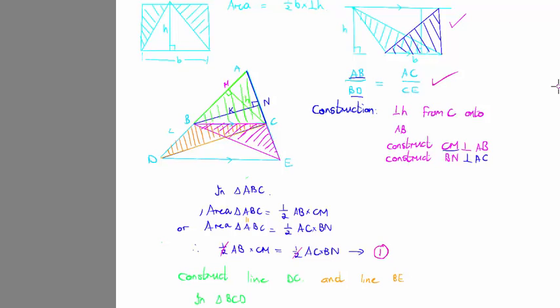So let me just quickly think how it works. If you want to prove that lines are parallel, you obviously want to use the converse of your alternate angles and things like that. So for example, if you can prove that this angle is equal to that angle, then you've proven that these two are parallel.